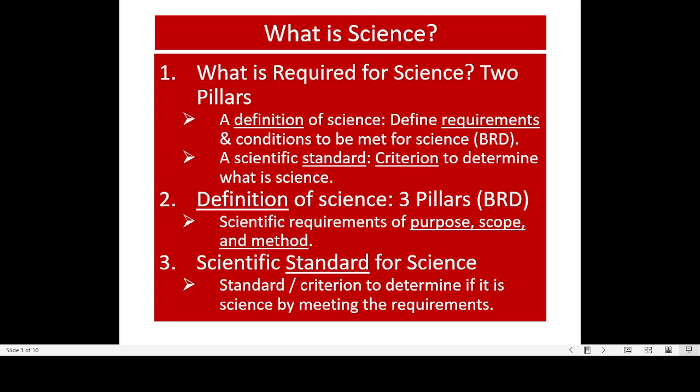And third, what is the method that is required for everything that is called science? Every single science has to use the same method. Then you need to have a scientific standard to determine what is science, what is not science, based on the requirements, if they meet them or not.